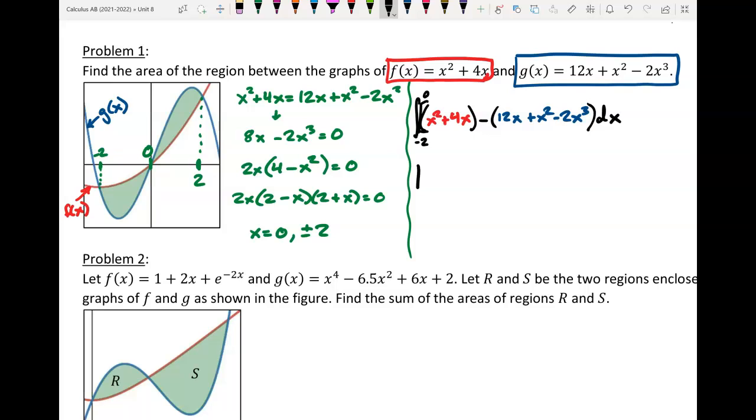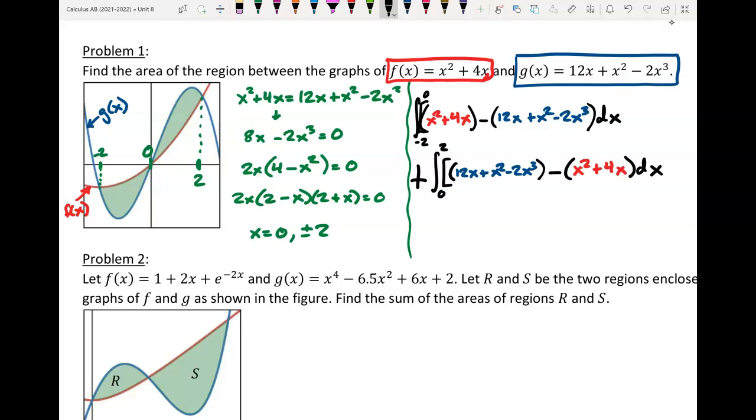And then we are adding that to our integral from 0 to 2. This time, though, our g is on top. So that's going to be 12x plus x squared minus 2x cubed, minus my f is on bottom. So that will be x squared plus 4x dx.